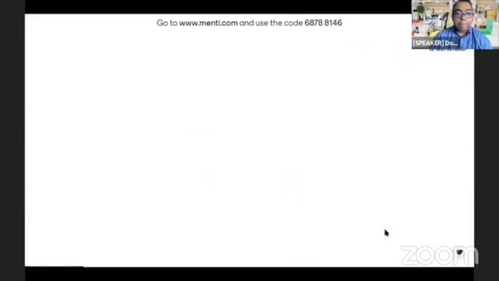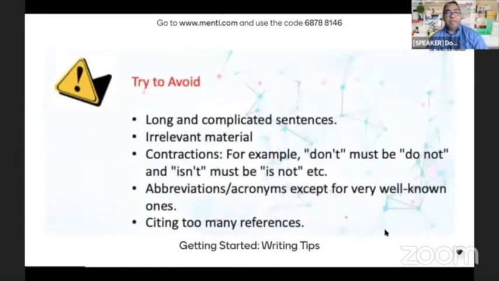Okay. Things you need to avoid, at least try to avoid, no? So long and complicated sentences. Kapag masyado na pong mahaba, chop it down to 2 or 3 simpler sentences. Madalas ko pong na-experience, nababasa sa mga thesis students, isang buong paragraph, isang sentence.